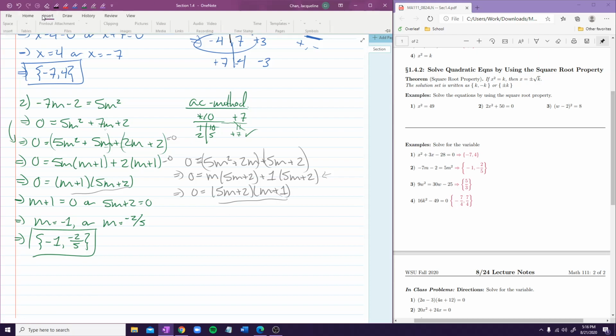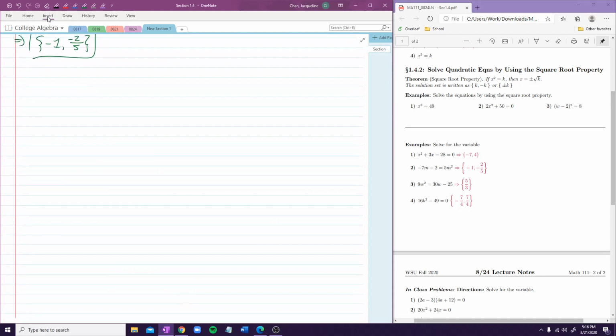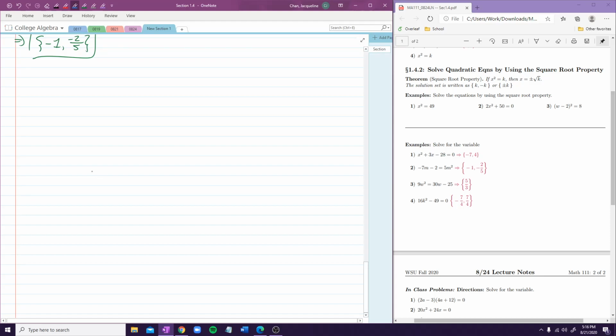Alrighty, so just a couple more examples. We have 9w squared is equal to 30w minus 25. Again, our goal is we want one side to equal 0, so we're going to want to move some terms around.